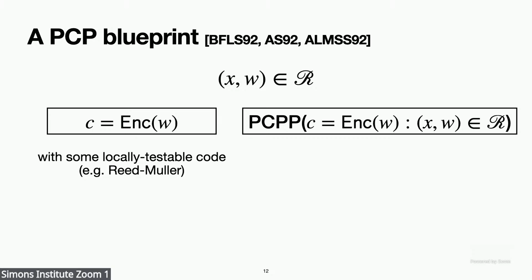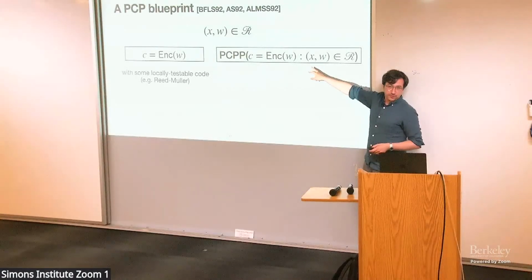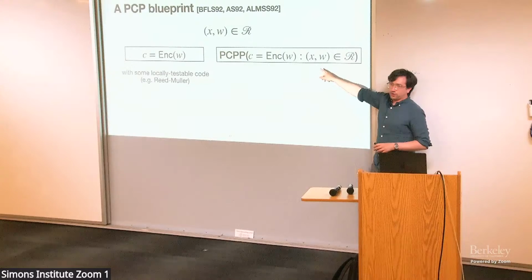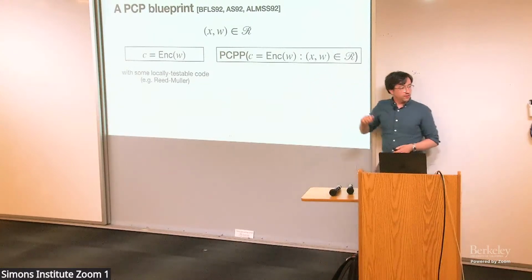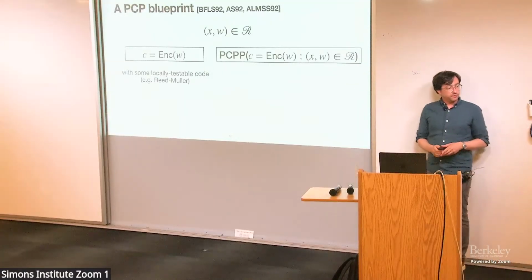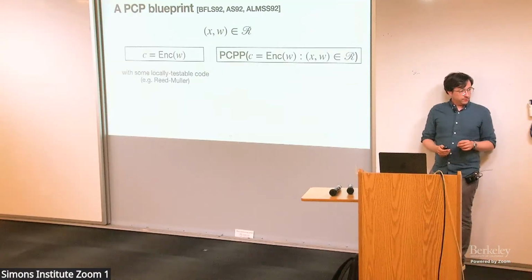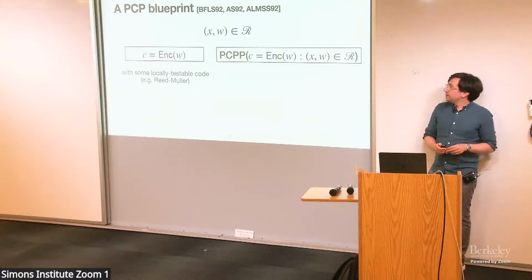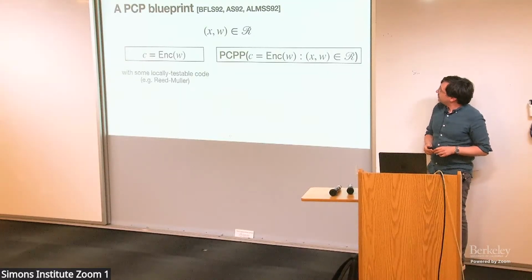Is the PCPP for a relation that's defined with x? Yes. So x is the explicit input of the relation, and the implicit input, the oracle input, is this C. So x is part of this relation. So for each x, like a different relation, on which you do a PCPP?